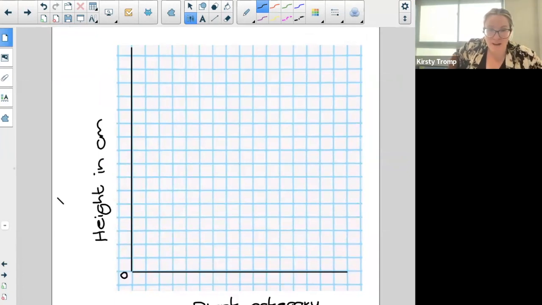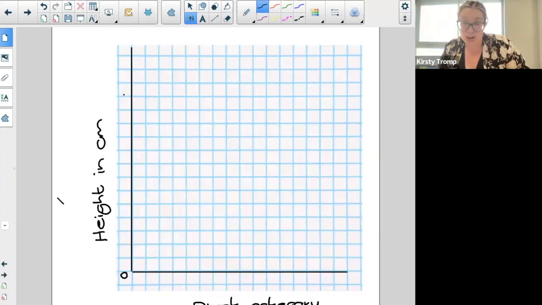I'm going to look at my graph quickly. I've got 1, 2, 3, 4, 5, 6, 7, 8, 9, 10, 11, 12, 13, 14, 15, 16. I'm going to go up in twos because I can do that on my graph. You can go up in ones if you really want to, or in fives. For me, I'm going to go up in twos because I have enough space.